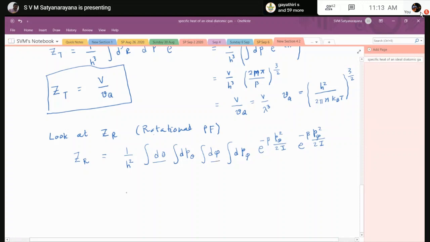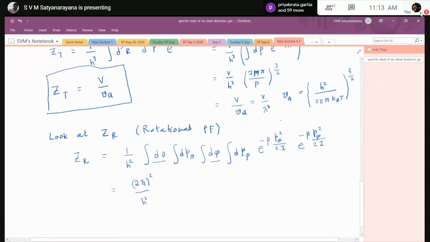So we can get some 2 pi and 2 pi from there. One can be more rigorous, but we are not very much interested in these constants. Let's call this 2 pi square divided by h square.